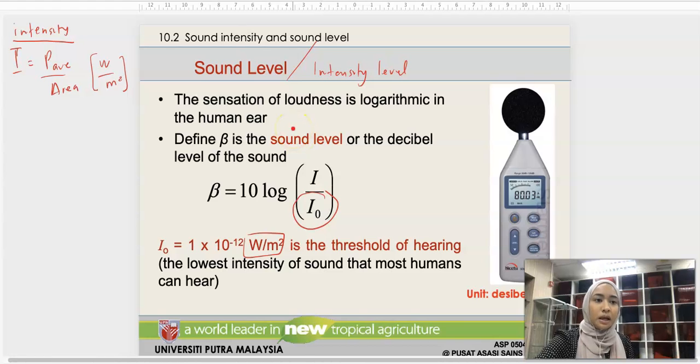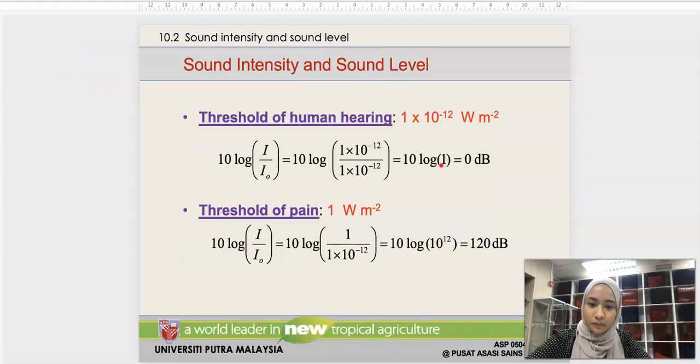Okay, so for example, I know that I'm hearing a certain intensity of, let's say, 100,000. That's too much. I need a proper example. Okay, let's do an example. Okay, so dia kasih example kat sini. So threshold of human hearing is 1 times 10 to the minus 12, right?